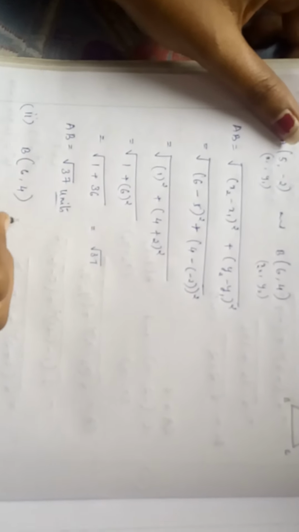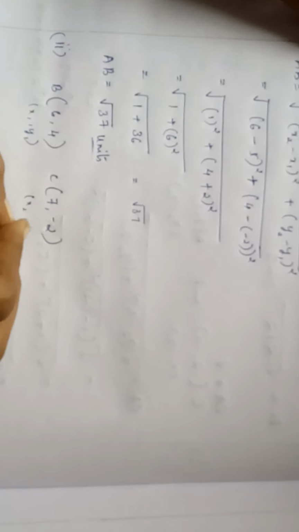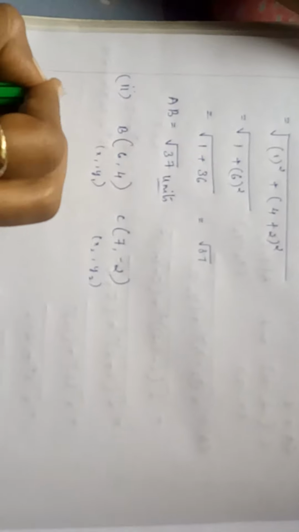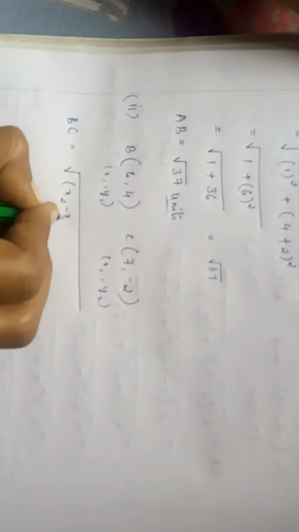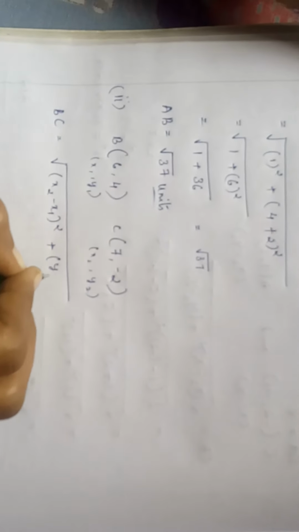In the next step, you have to consider BC. That is B of 6 comma 4, C of 7 comma minus 2. Here B is x1, y1 and C is x2, y2. BC is equal to square root of (x2 minus x1) whole square plus (y2 minus y1) whole square.